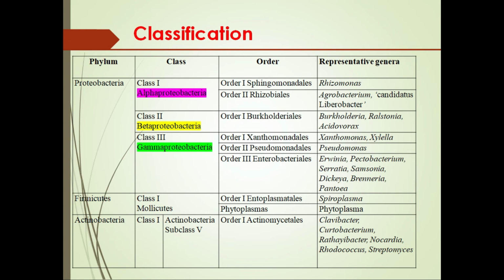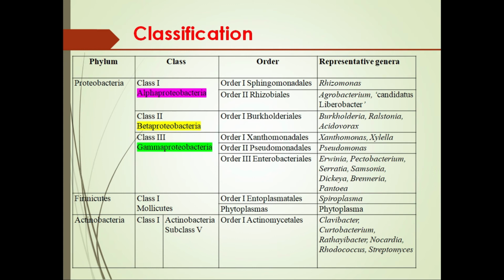Under phylum Proteobacteria, we have three classes: Alphaproteobacteria, Betaproteobacteria, and Gammaproteobacteria. Under class Alphaproteobacteria, we have orders. Similarly, under class Betaproteobacteria, we have orders.